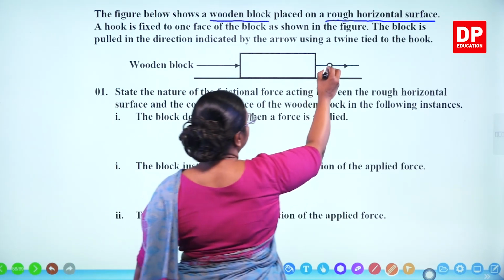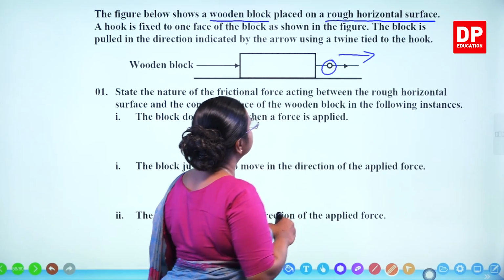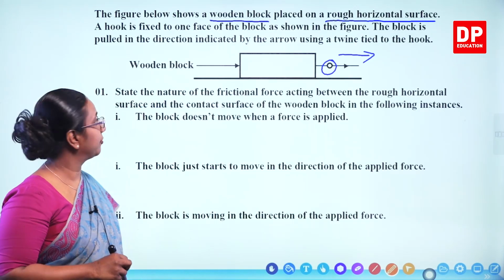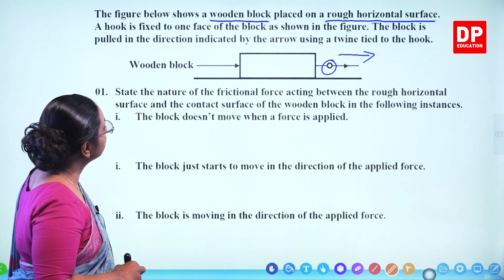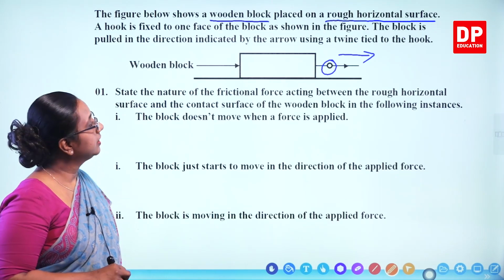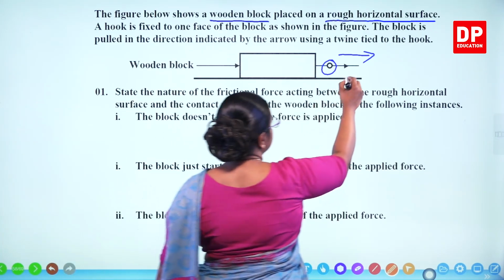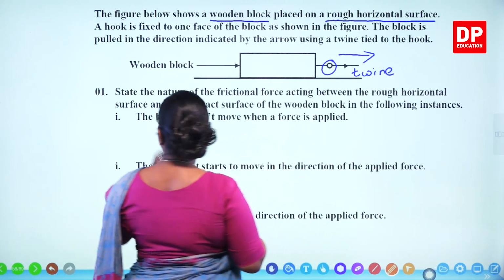You can see the hook and the direction of motion is indicated by the arrow. The block is pulled in the direction indicated by the arrow using a twine tied to the hook. So this is the twine tied to the hook.